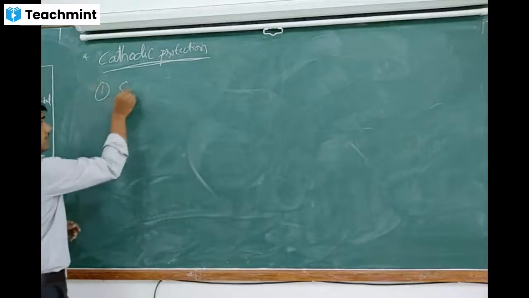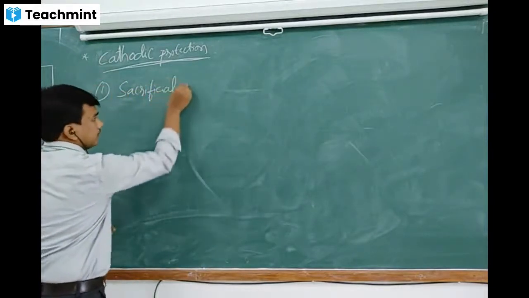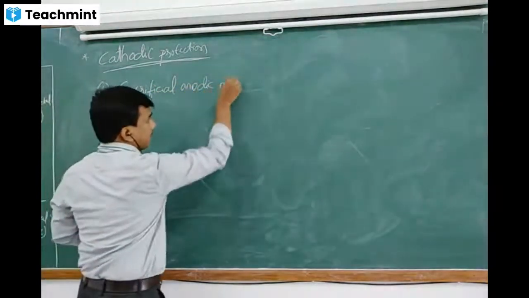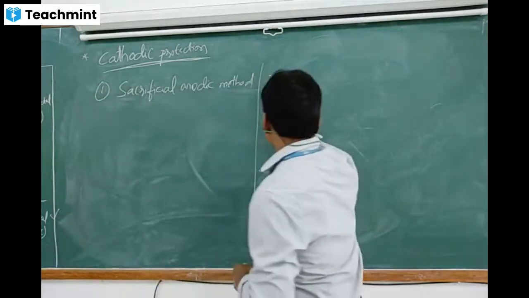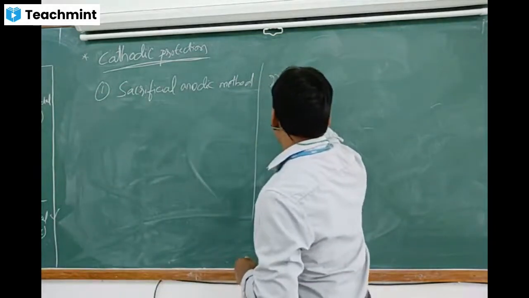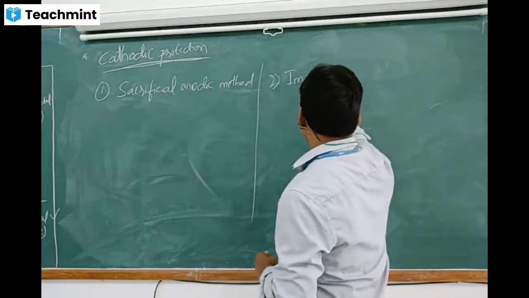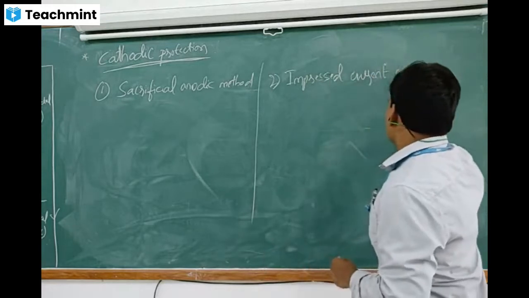One is the sacrificial anodic method, and the second one is the impressed current method.